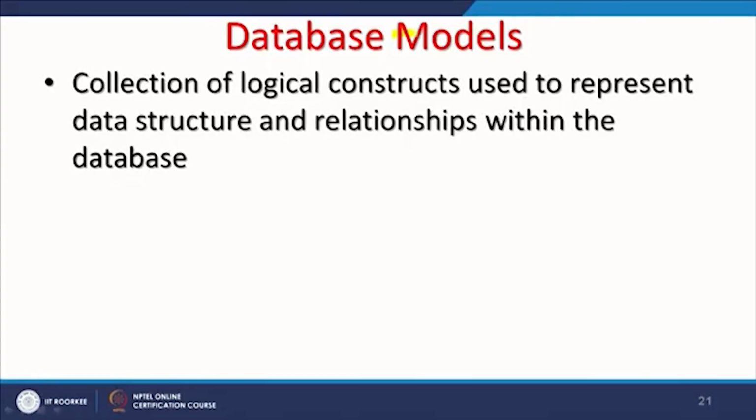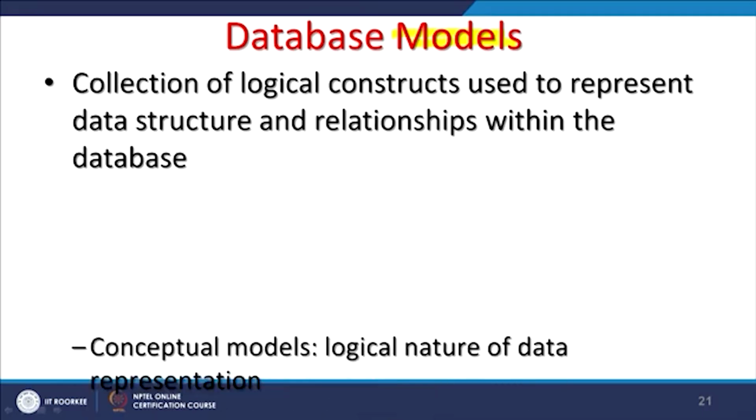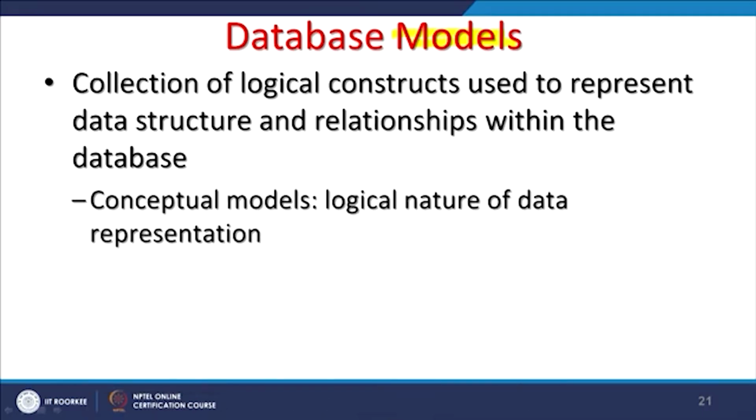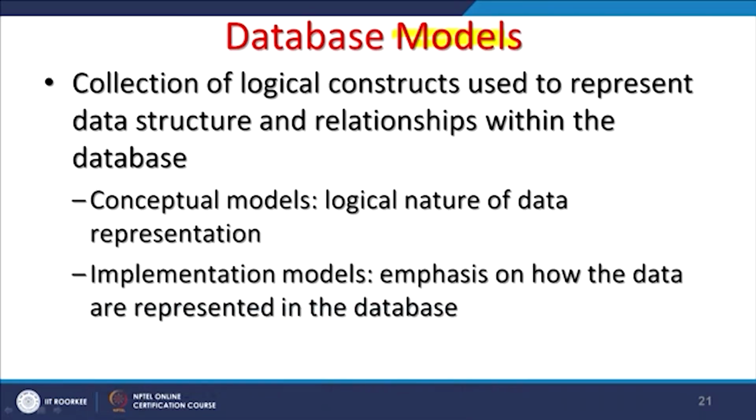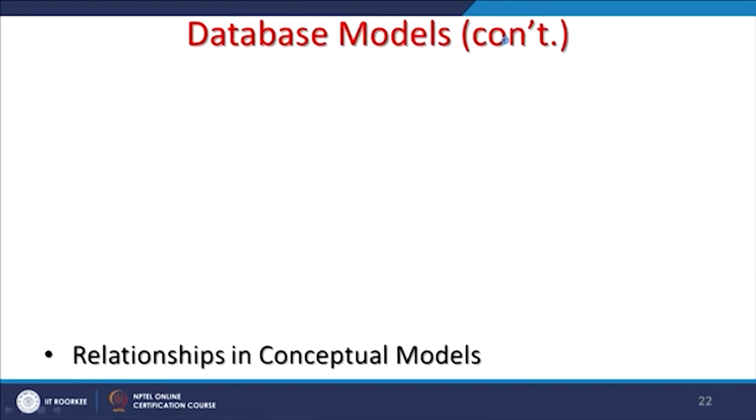Now when we talk about database models, it is basically a collection of logical constructs used to represent data structure and relationships within the database. Conceptual models represent the logical nature of data, whereas implementation models emphasize how the data are represented in the database.